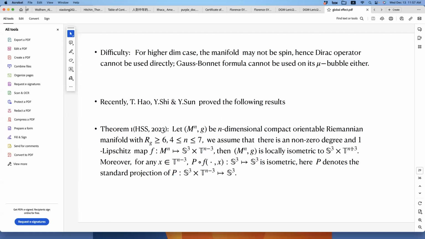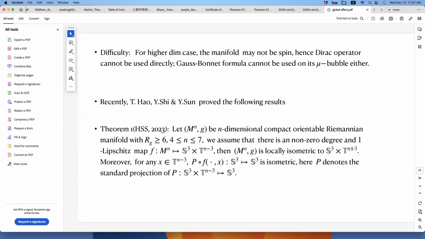Recently, we have a result. This is joint work with my current PhD student Tianzhe Hao and my postdoc Yuguang Shi. We proved the following result. Let (M, g) be an n-dimensional compact analytical manifold with scalar curvature bigger than 6, where the dimension n is between 4 and 7.